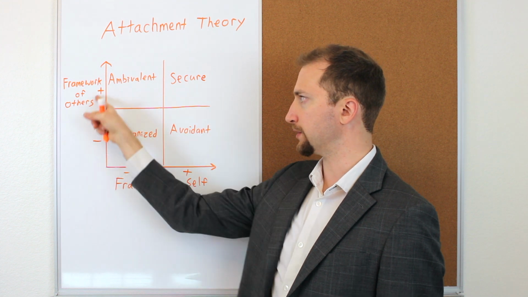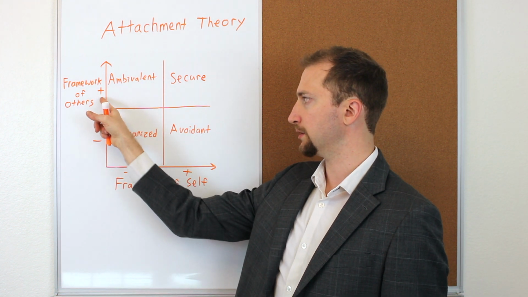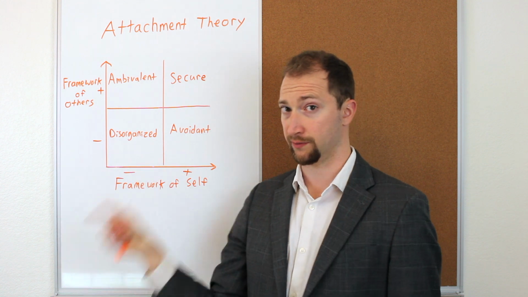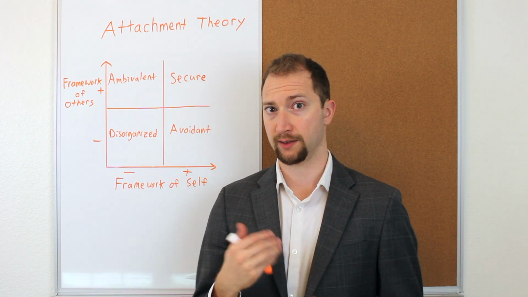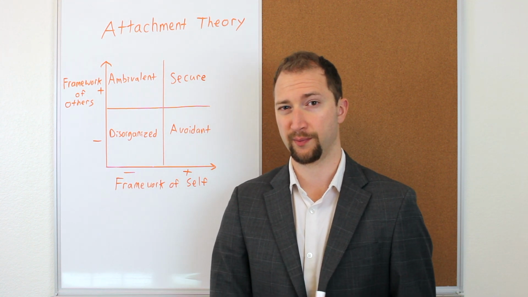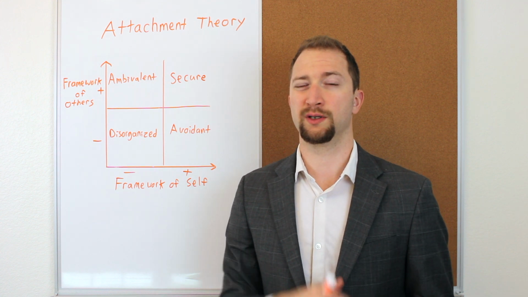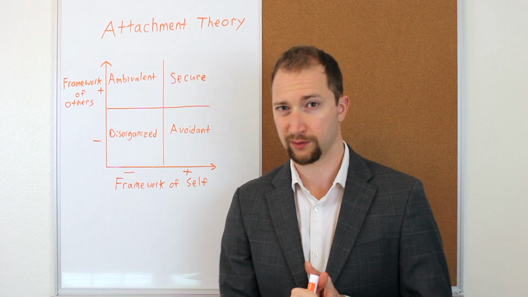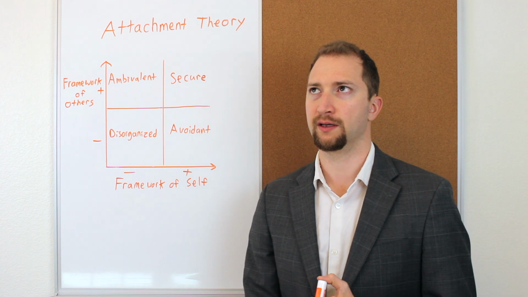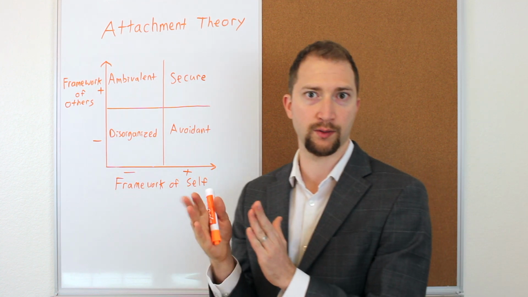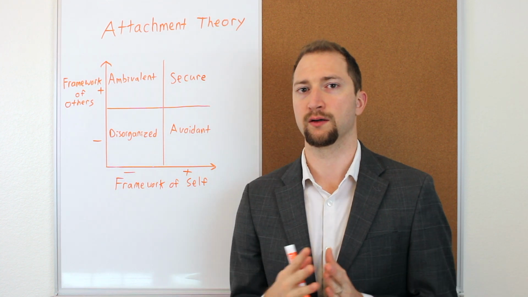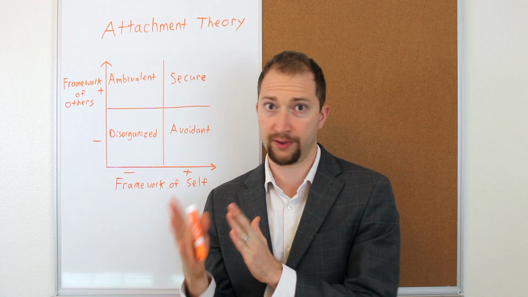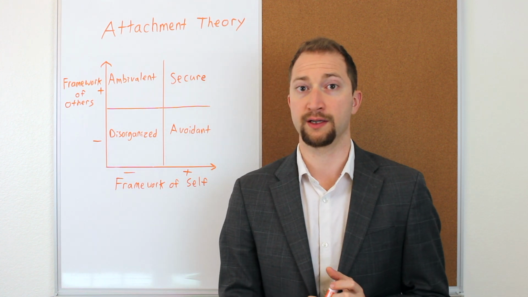This is where you have a positive framework of others, but a negative framework of yourself. So a lot of times this style is produced from parents that are really inconsistent and contradictory. So some of the time they're available and some of the time they're not. Or some of the time they do a really great job and then some of the time they're not there, right?